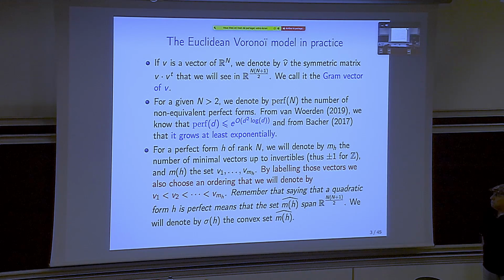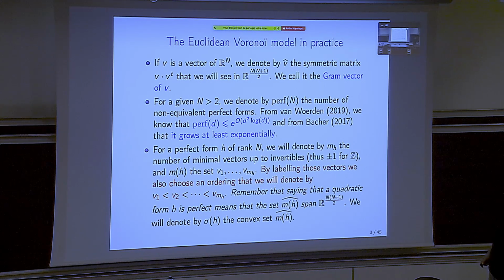As we are going to deal with perfect forms in general, I will denote by perf n the number of non-equivalent perfect forms, and as explained by Renaud Coulangeon last week, we know that this number is finite by work of Voronoi. We have a bound below and a bound above.